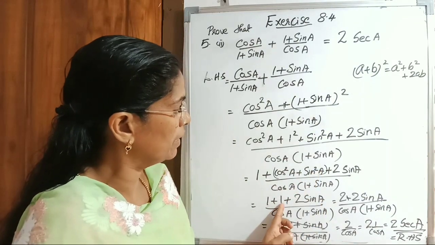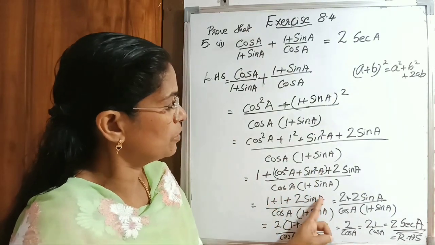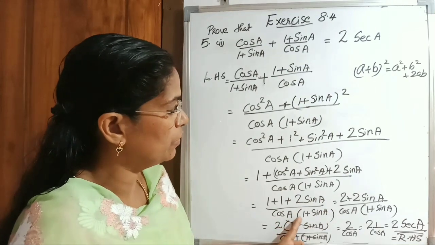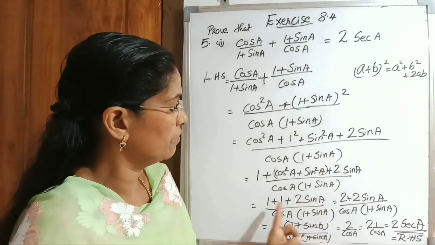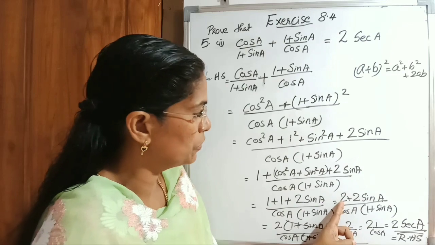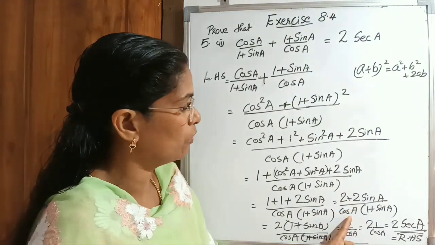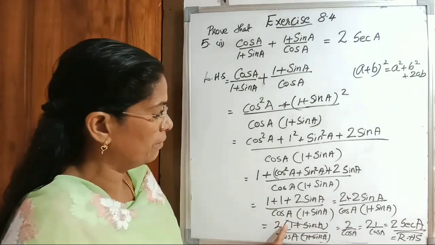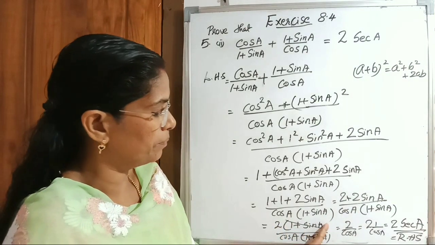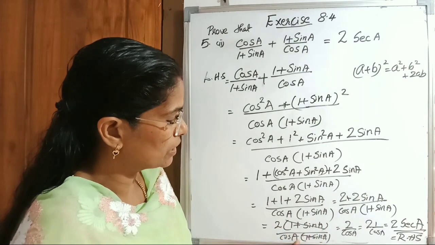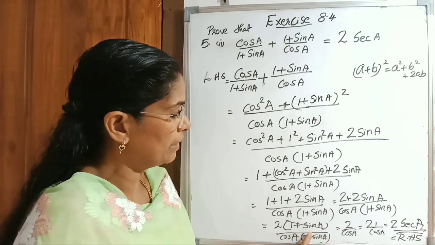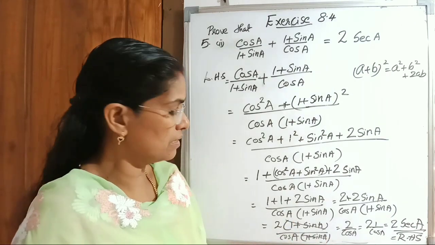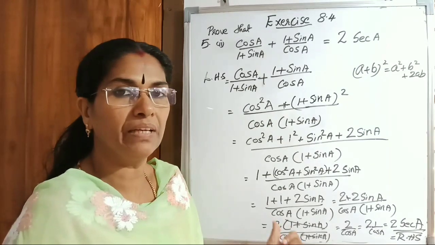So 1 plus 1 plus 2 sin a whole divided by cos a into 1 plus sin a. From this 1 plus 1 we are adding, we will get 2. 2 plus 2 sin A divided by cos A into 1 plus sin A. So 2 we are taking common, then balance 1 plus sin A inside the bracket, denominator cos A into 1 plus sin A. So in the numerator and denominator one term is common, that is 1 plus sin A, that we can cancel.